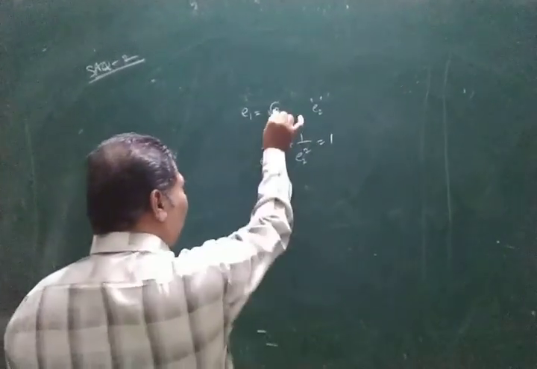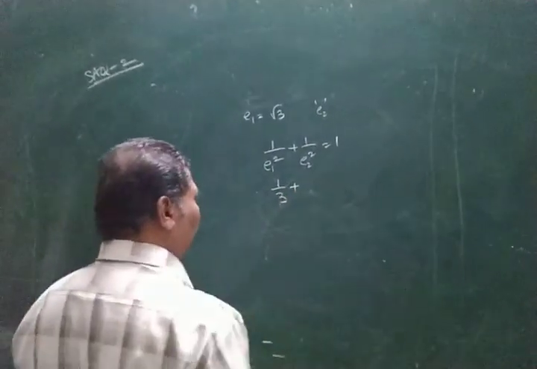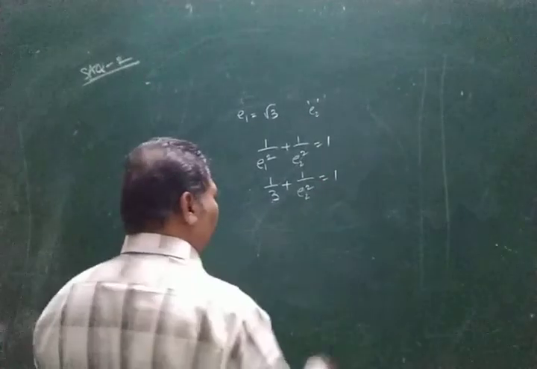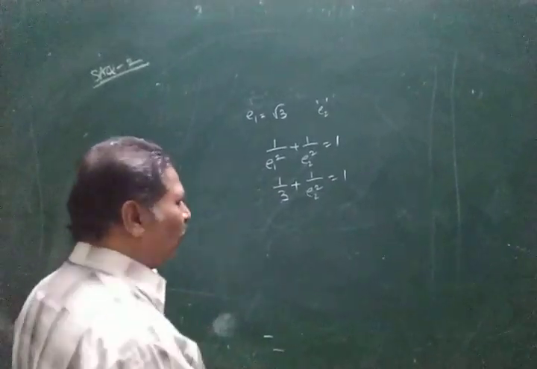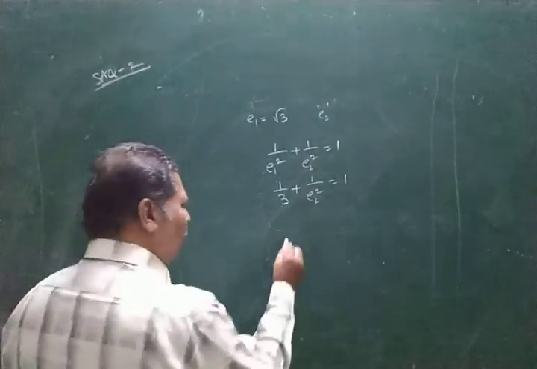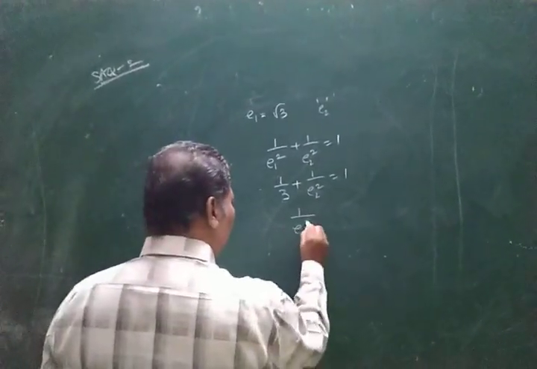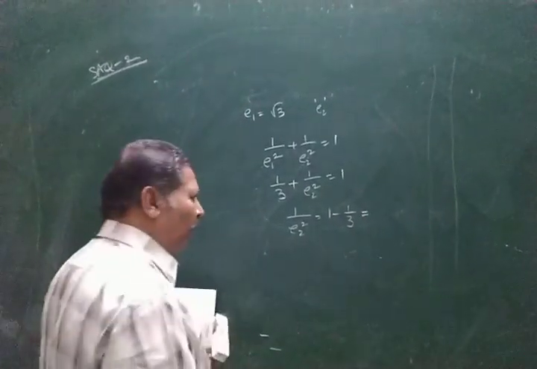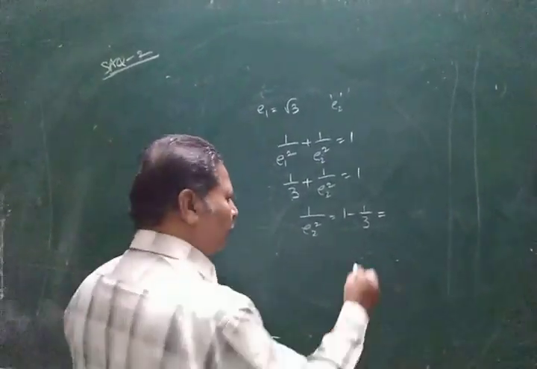1 by √3 whole square value 3. 1 by E2 square equal to 1 minus 1 by 3.